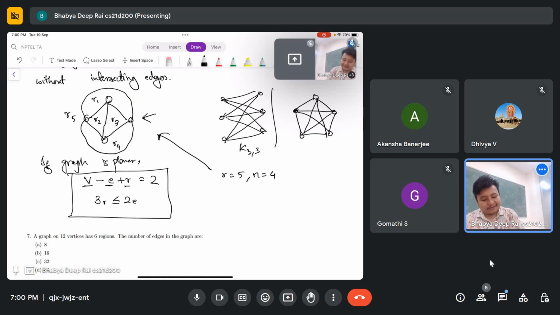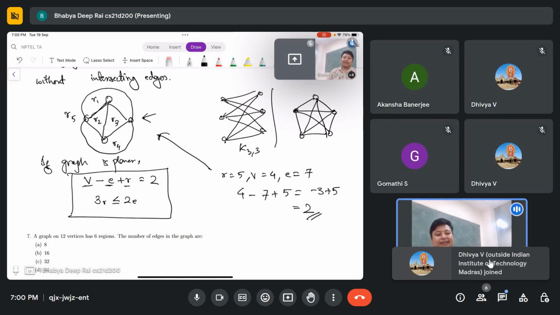Number of vertices is 4. Number of edges is 1, 2, 3, 4, 5, 6, 7. Yeah, 7 edges. So V minus E plus R is 4 minus 7 plus 5, which is equal to minus 3 plus 5, which is equal to 2.